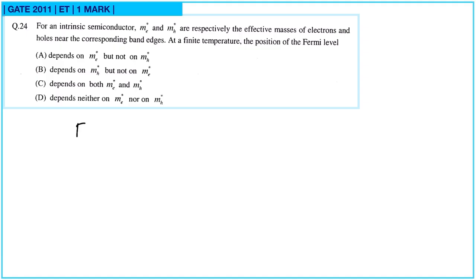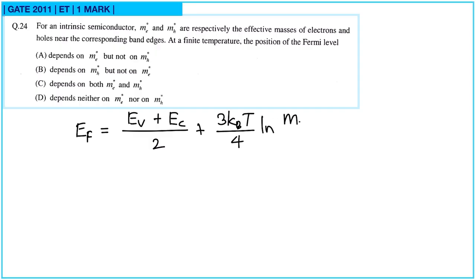Now, Fermi level EF is equal to EV, that is valence band energy, plus EC, conduction band energy, by 2, plus 3 kBT by 4, where kB is Boltzmann constant and T is temperature, into ln of mh star by me star. So the Fermi level depends on both me star and mh star. So option C is correct.